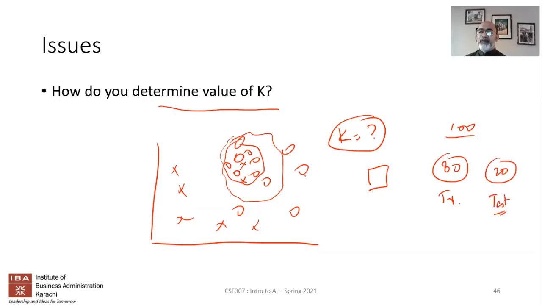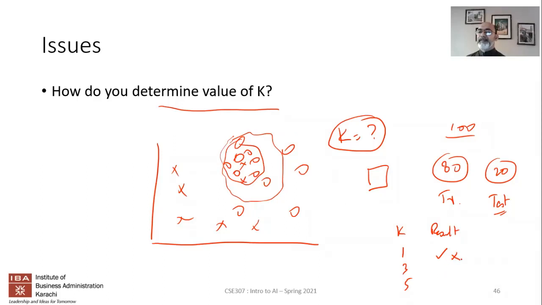Now you already have the labels for these 20. For these 20, which are randomly selected, you look at various values of k, let's say 1, 3, 5, and so on. Then you figure out whether for k equal to 1, it was correctly classifying them. What was the result? Was it correct, or was it wrong?